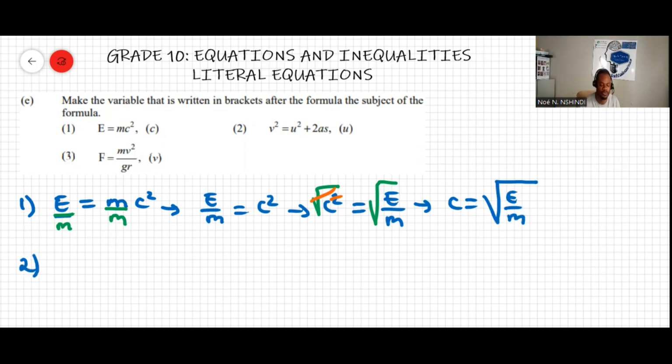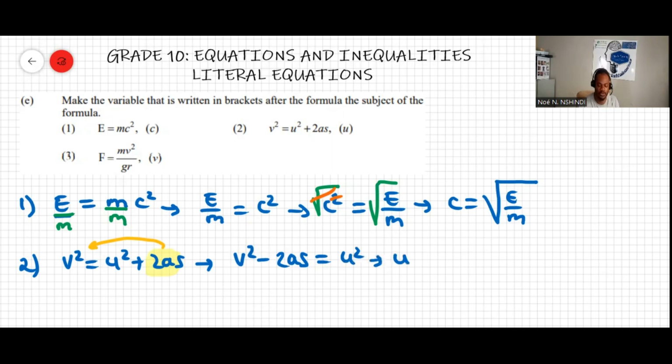Then question 2, we have V squared equal to U squared plus 2AS. So we need to make U the subject of the formula. We can just move everything to the left hand side. So that makes V squared minus 2AS equal to U squared.